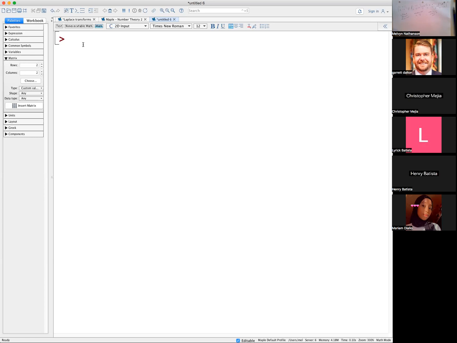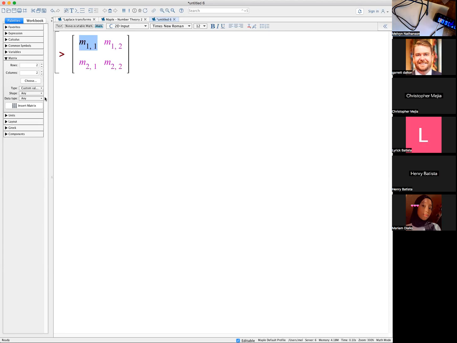And this says at the cursor, I can put in a matrix with a number of rows and columns. Let's just make it 2 by 2. And right here, I'm going to insert a matrix. And I can enter the coordinates just by typing in numbers and tabbing.